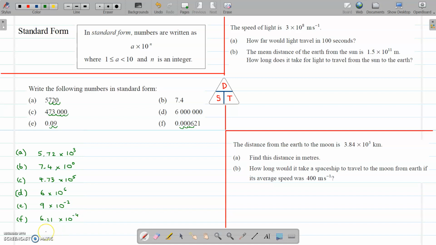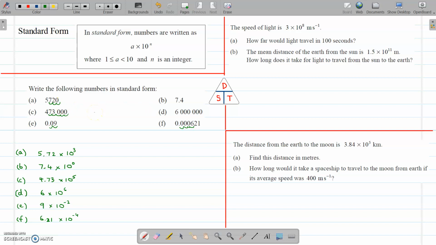Make sure you can understand how to convert between normal numbers and standard form, and really the other way around as well. You should be able to write one of these numbers in standard form into a normal form like this.